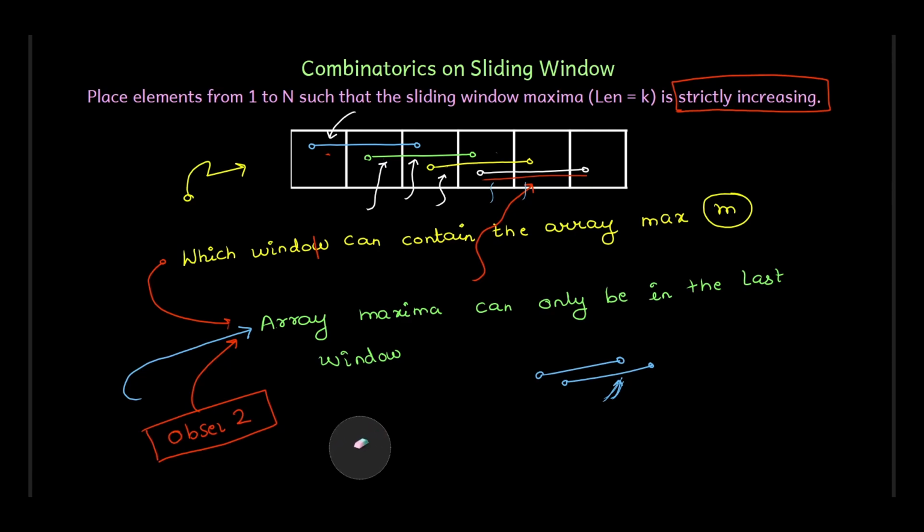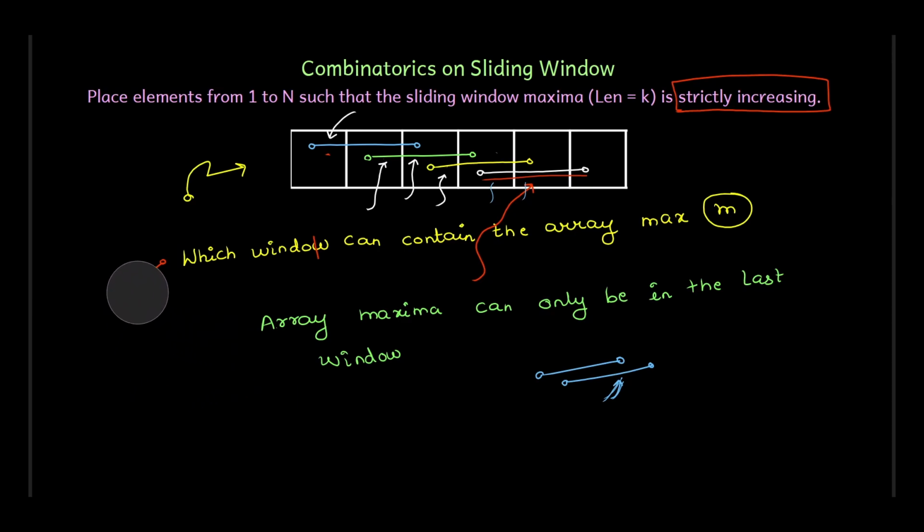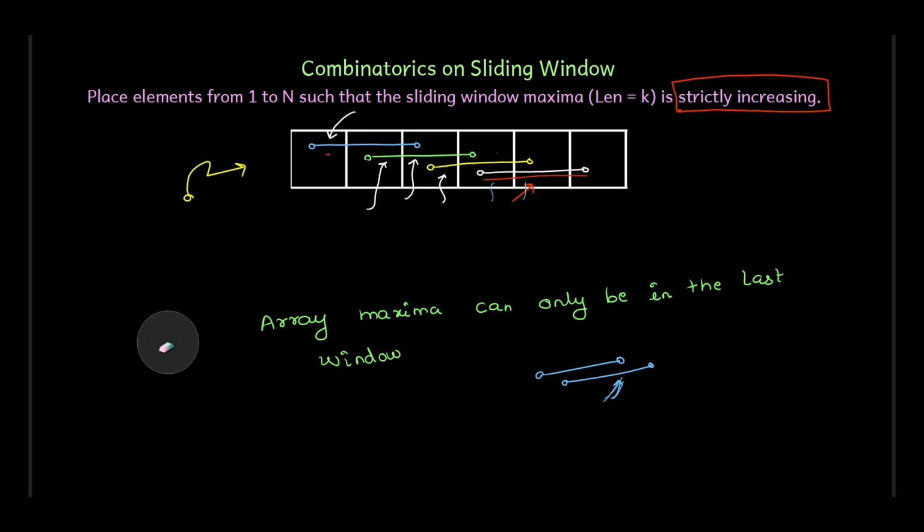So now let us focus on finding out, now that we know the maxima only resides in the last window, where exactly in the last window it can be and how many copies are allowed. If you pay very close attention to what I have just written on the screen, the statement says that array maxima can only be in the last window.